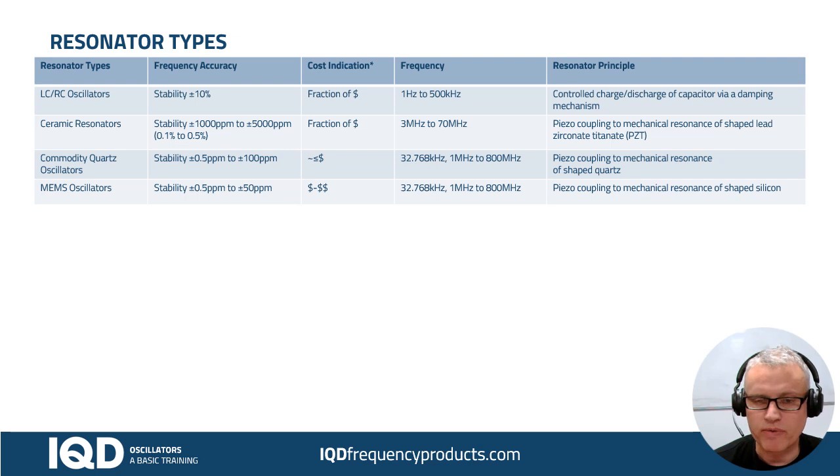The actual fundamental principle that's going on inside is it's a piece of silicon that's been shaped and formed to have a resonant frequency. So there is in fact a piezoelectric coupling between silicon here. It's very, very small, so it's produced in the fabrication process, very similar to normal CMOS fabrication.